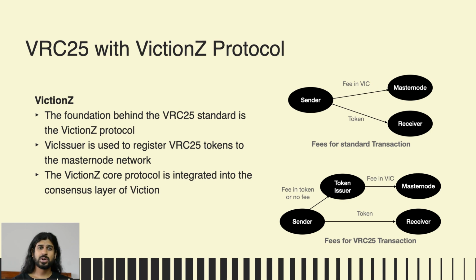You can see the issuer contract acting as the intermediary to the masternode network. So the masternode still receives their payment for the fee in Vic for processing the transaction, but this comes from the issuer contract. So you as the project creator, you need to sponsor the transactions through this issuer here.